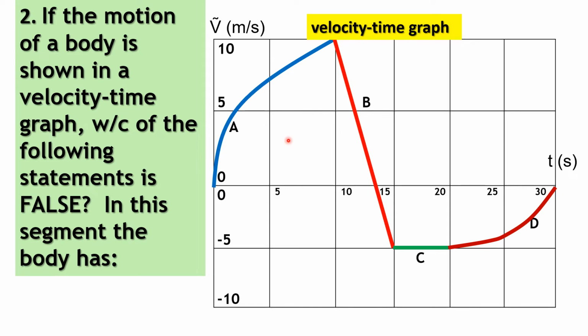What I'm saying is the magnitude of the acceleration is the one that is decreasing. So does that mean that the body is decelerating? Careful. When we say decelerating, we are referring to a decreasing magnitude of velocity.